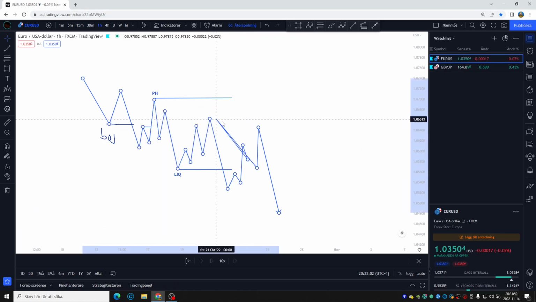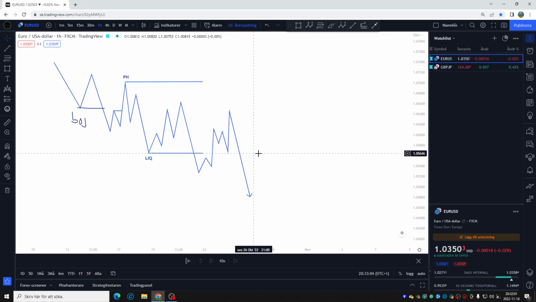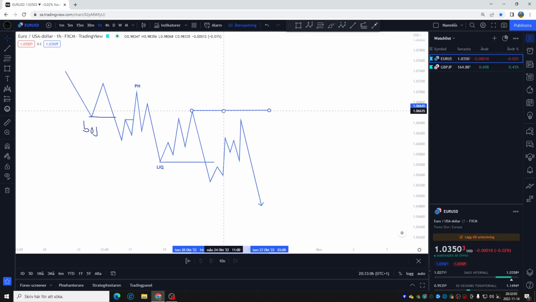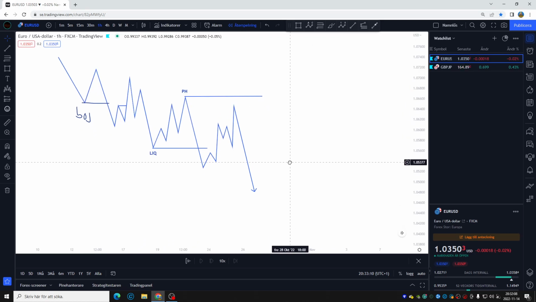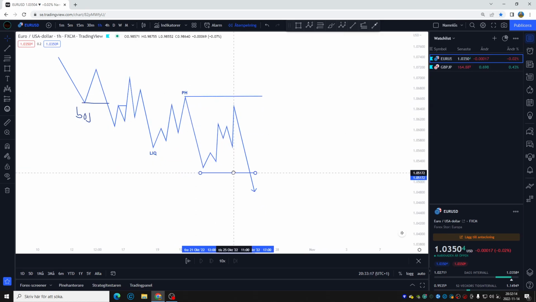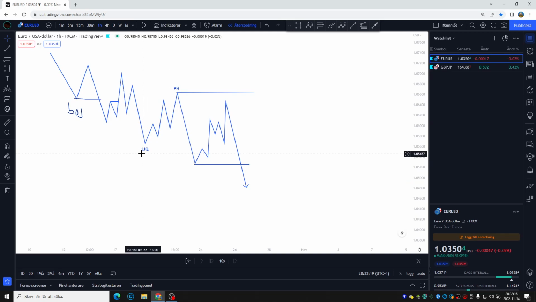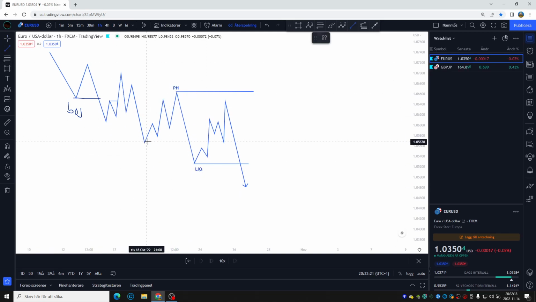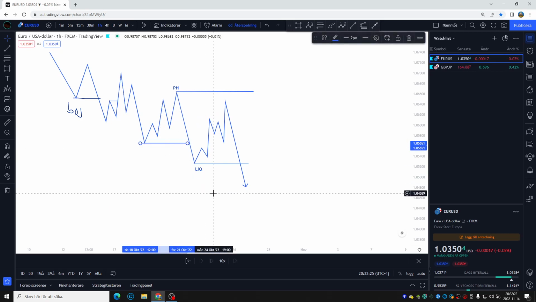And this is just moving on and moving on. Protected high, the highest point, or the point that broke down. We're coming down again. We broke structure. What do we get? Liquidity point.